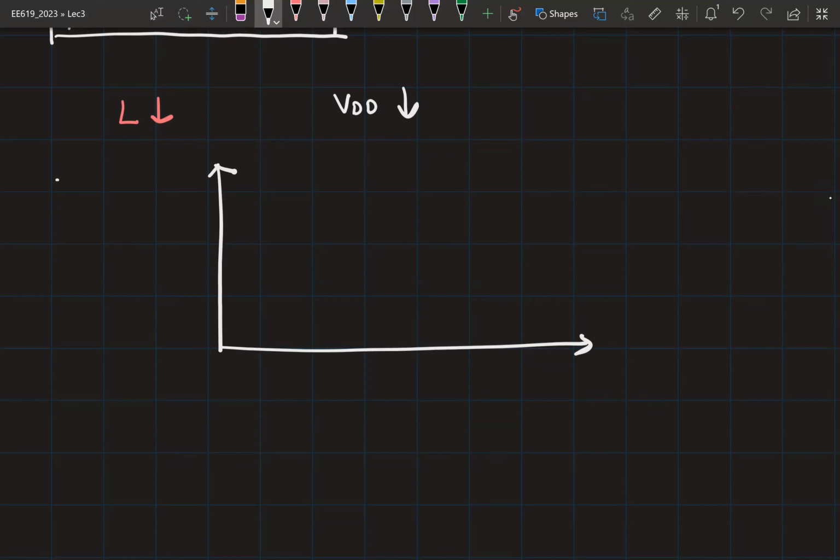I am now going to plot drift velocity versus electric field. Would this keep increasing like this? Right, what happens? It is going to saturate. So after a particular electric field, which we call the critical electric field, this is now going to saturate, right?